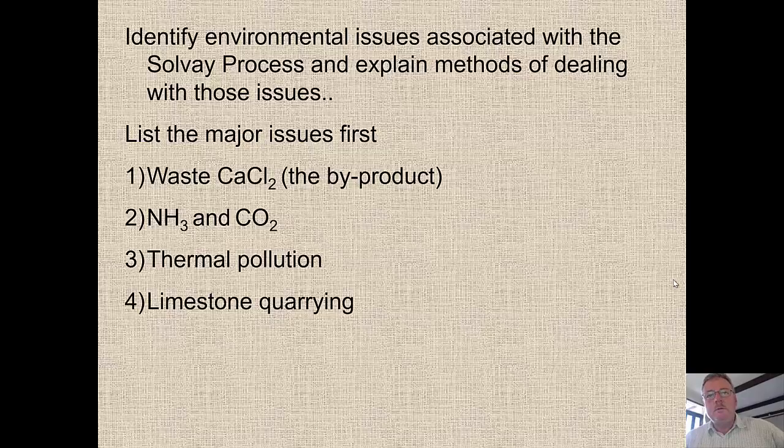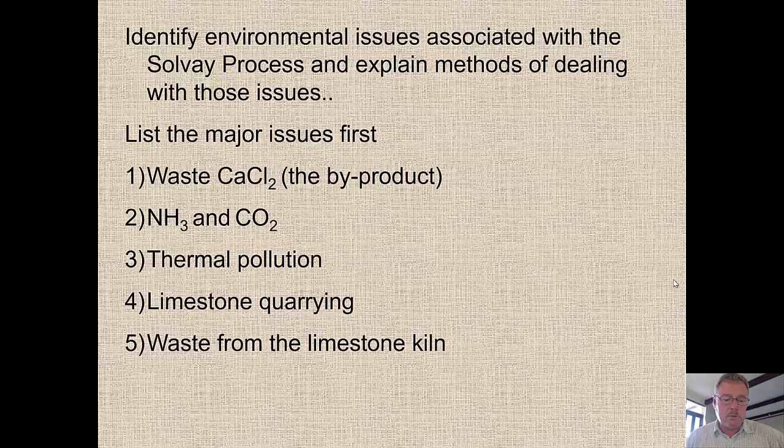Limestone quarrying needs limestone. It also needs the quarrying, which takes up land and can have a lot of environmental issues associated with it. You also need hubs for transporting, and so you need the limestone nearby the plant in order for this. You've got the waste from heating the limestone to produce your calcium oxide.